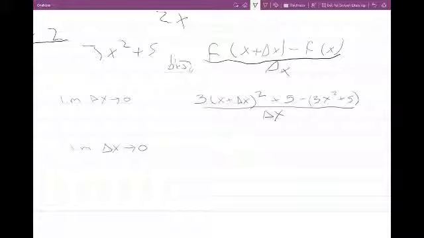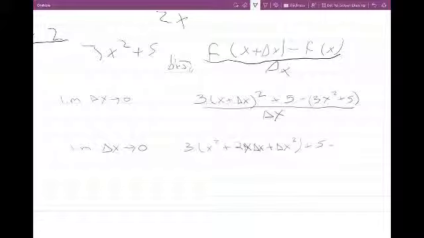So 3 times, in parentheses, x plus delta x squared, which is x squared plus 2x delta x plus delta x times delta x, which is delta x squared, plus 5.